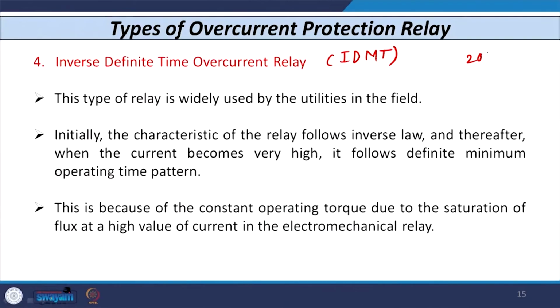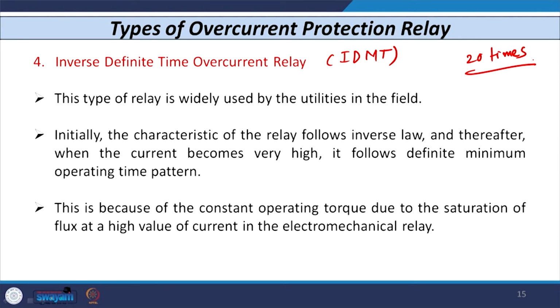Initially, for several magnitudes of current which are multiples of full load current or pickup value, the time of operation of the IDMT relay is inversely proportional to the current, and after some point where the magnitude of current becomes very high, let us say 20 times the pickup value, then after this point the time of operation of the IDMT relay is again switched over to the definite minimum time relay.